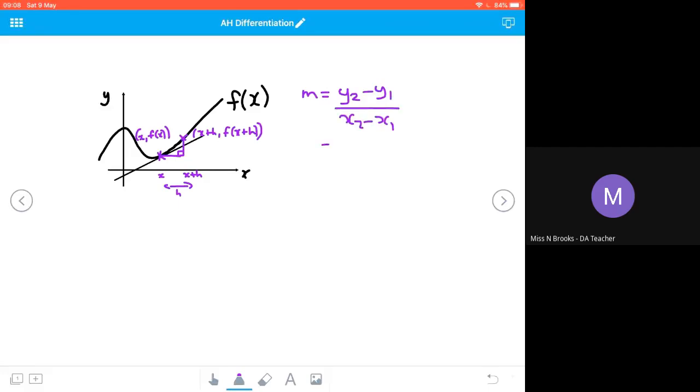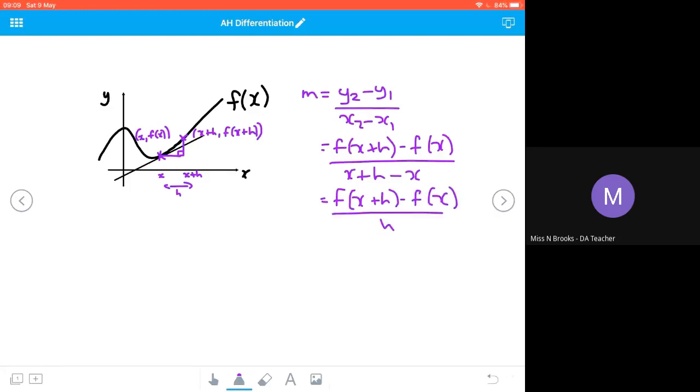And so I've got f of x plus h, take away f of x, divided by x plus h, take away x. And I can simplify that by collecting the like terms on the denominator to get f of x plus h minus f of x over h. But as I already discovered, I can't divide by 0.